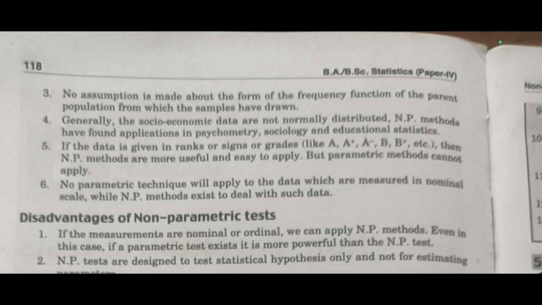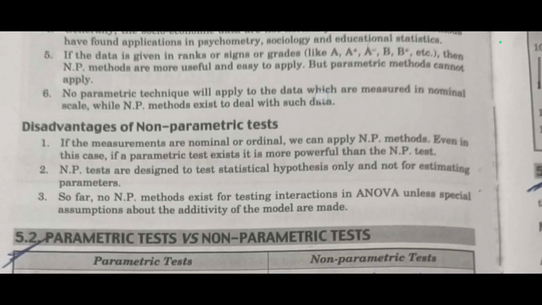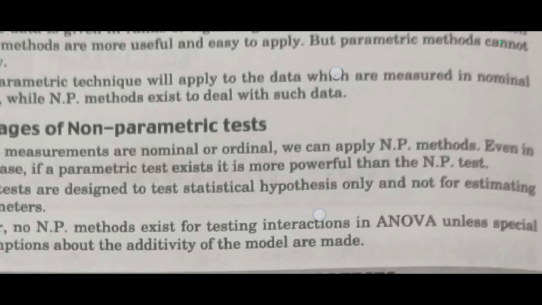Generally, the socio-economic data are not normally distributed. So, non-parametric methods have found applications in psychometry, sociology, and educational statistics. Okay, so a lot of examples are there, and some disadvantages are also discussed here.